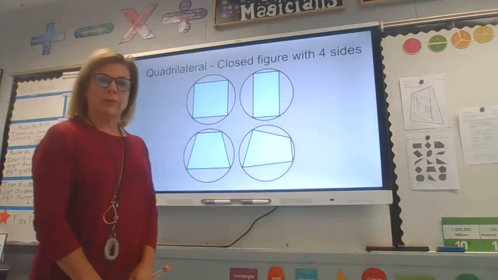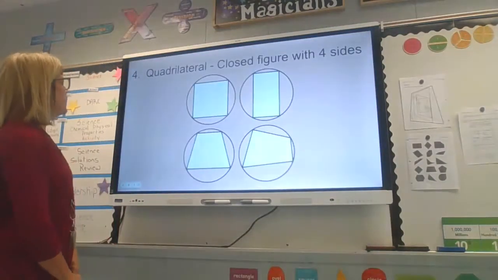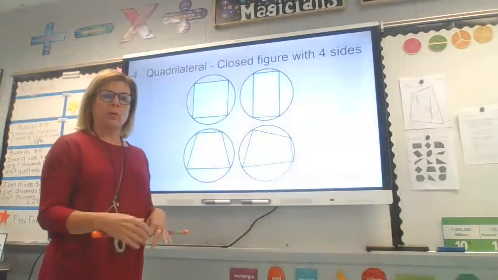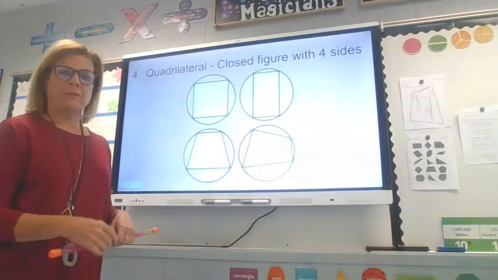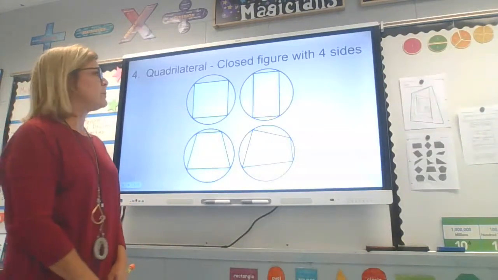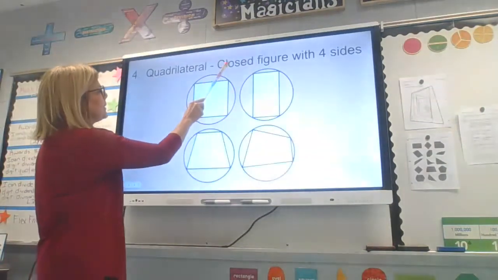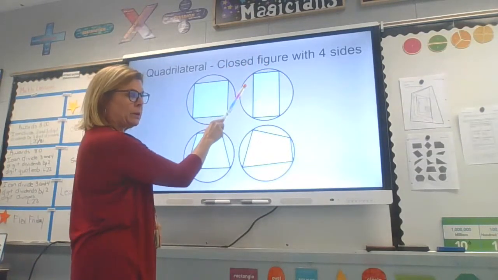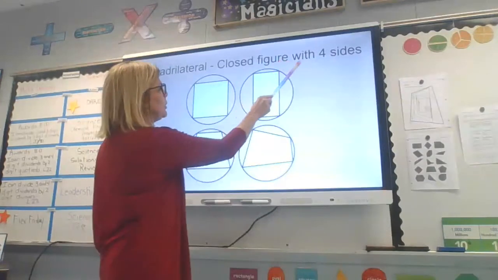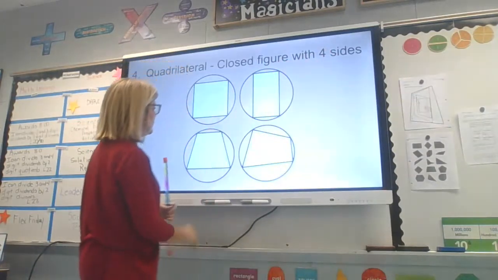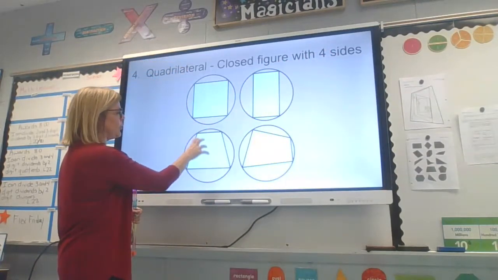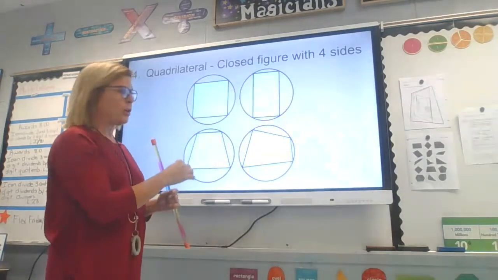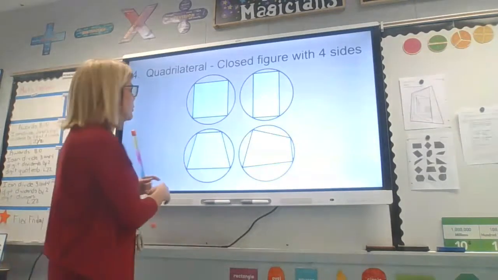Okay, we have several different shapes on this slide. This is a quadrilateral. A quadrilateral defines different types of shapes. It's a closed figure. That means nothing is open in any spot. It's a closed figure with four sides. We're looking at the shape that's white, the shape on the inside of the circle.